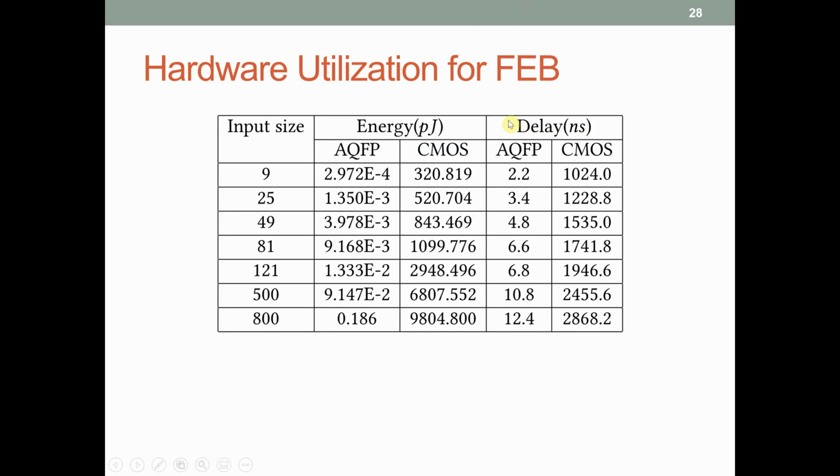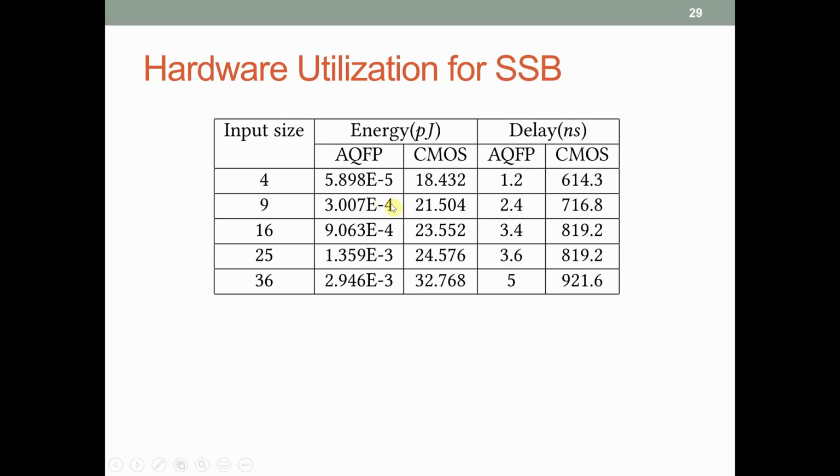For the feature extraction block, we can see similar results. It is 5 or 6 orders of magnitude more energy efficient compared with CMOS technology. The delay is also much better because the design based on the bitonic sorter can be quite efficient.